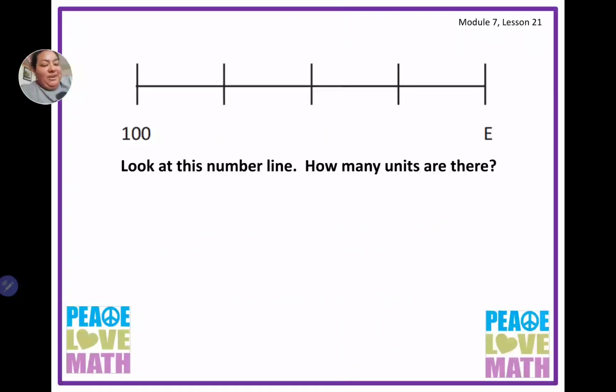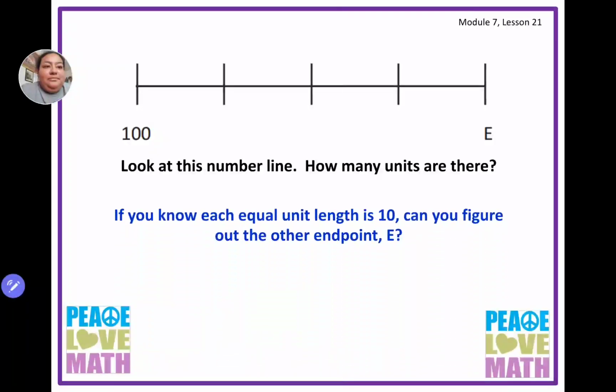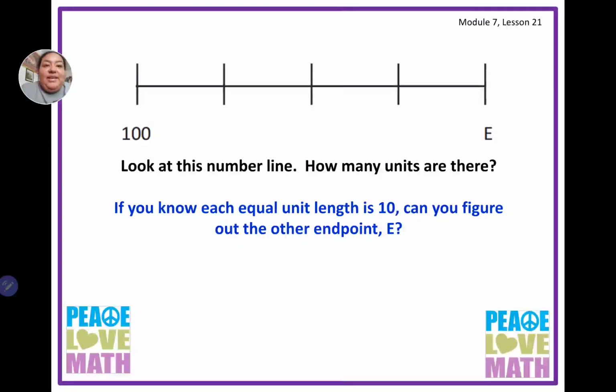Now look at this number line. How many units are there? Now, you're probably going to tell me there's 1, 2, 3, 4, 5 units, okay? Which you're right. Now, if you know each equal unit length is 10, so each one of these is 10, can you figure out the other endpoint for E?